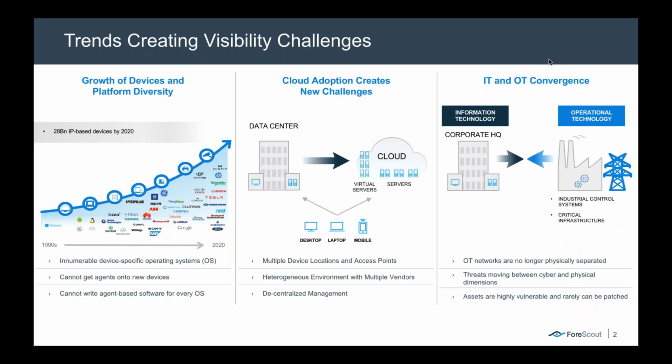Seeing increasing adoption in terms of cloud technologies, and we're starting to see convergence between traditional IT networks and operational technology networks. So just going back to the first point there about growth of devices and platform diversity, this is really the IoT growth that Snir was talking about.